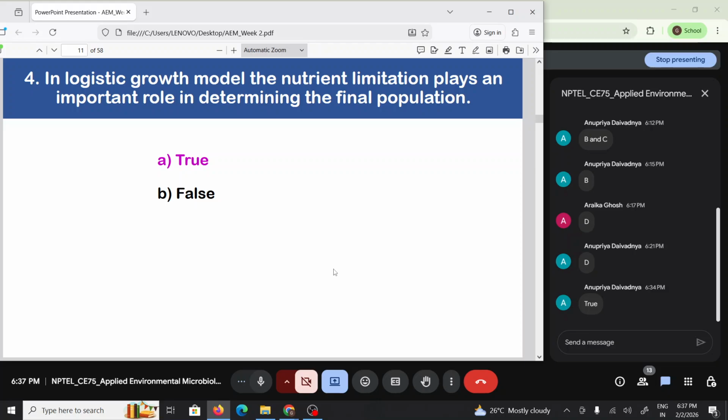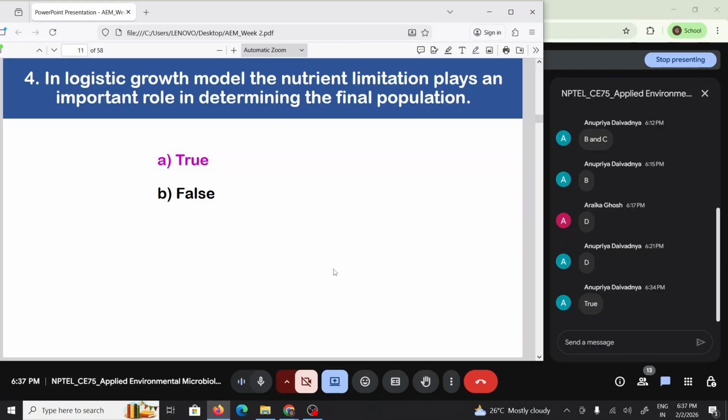But once the cells grow in number and in size, the nutrients become limited. At that time, only as much growth as the system can carry will occur. So in the logistic growth model, nutrient limitation is very important to determine the final population.